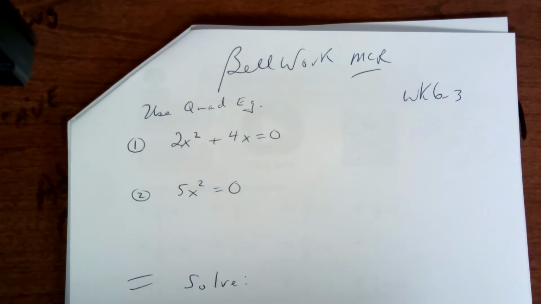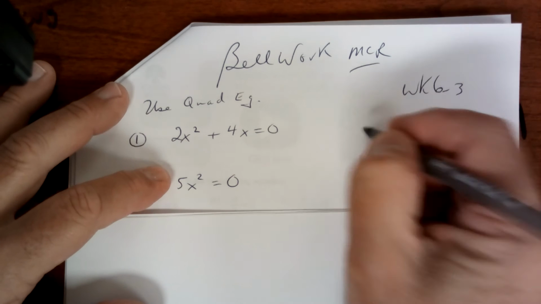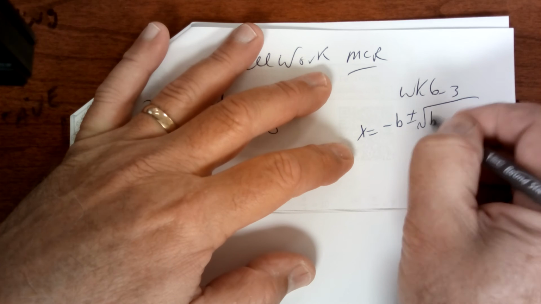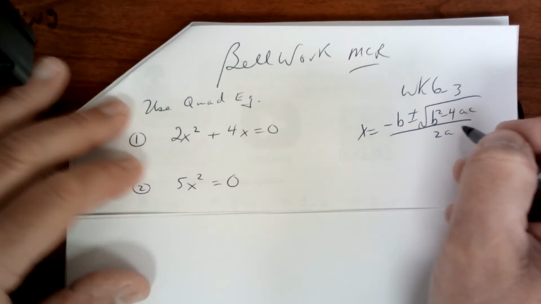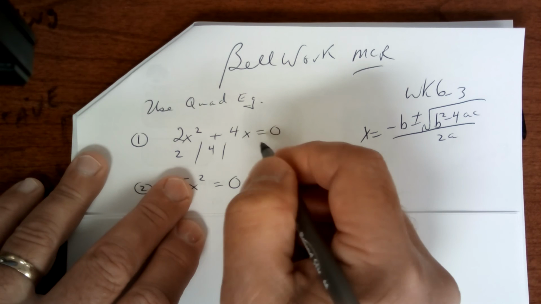All right, on the MCR class, you have to find the quadratic equation here or use it. So it's going to be x equals -b plus or minus the square root of b squared minus 4ac, all divided by 2a. This right here, a is 2, b is 4, and you have no c, so it's 0.